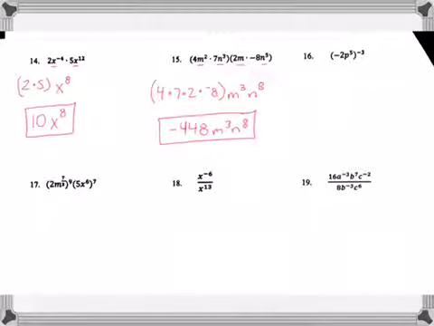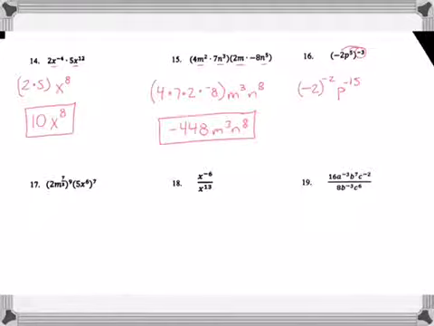In question 16, we do have an exponent outside of the quantity here, so we have to apply this to the exponent and the coefficient, or the other portion of the base as well. So the negative 2 is getting raised to the negative 3rd power. And the p is also getting raised to the negative 3rd power, but we're going to take 5 times negative 3, which gives us negative 15.